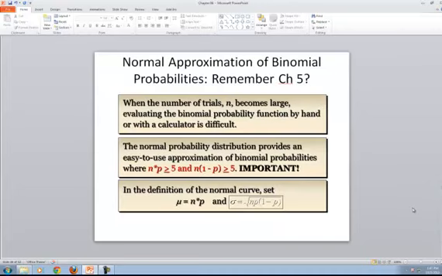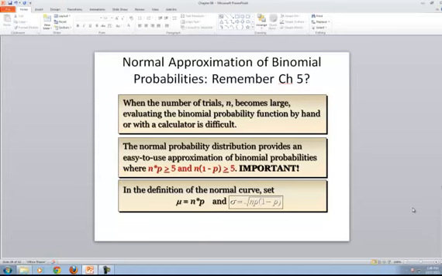Now, remember chapter 5 where it was mentioned that the normal approximation can be used to solve probabilities of binomial random variables. When the number of trials n becomes large, then calculating the probability becomes too cumbersome. In that case, we can use the normal approximation.